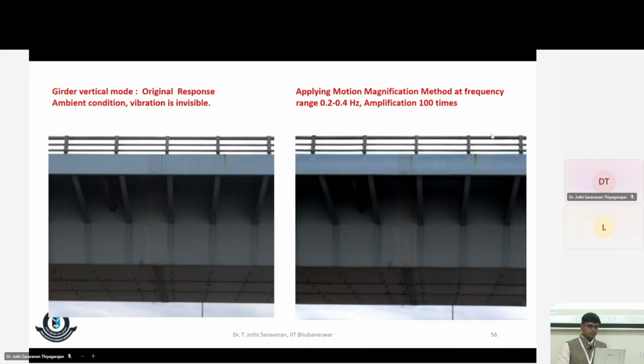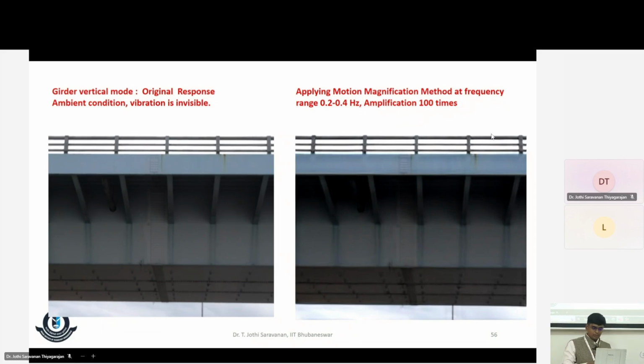This is the vertical mode I was explaining, where we were waiting for a car to pass. This is the original response, which I have already played. I hope you saw that car passing, right? This is good for us, but there is still no vibration that I can see here.